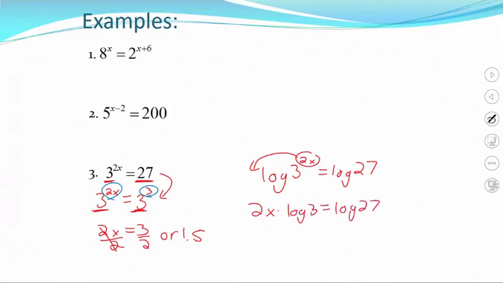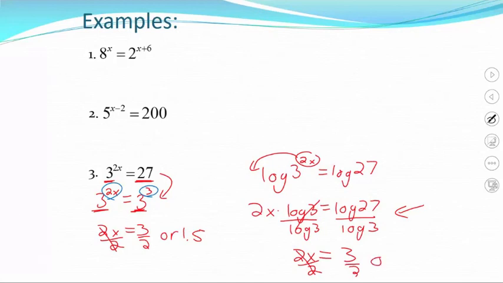And then you want to move the logarithm, so we're going to divide by log 3 on both sides. And this becomes 2x. And if you type this in the calculator, log of 27 divided by log of 3, you get 3. So you still get the same equation, 2x equals 3, and you still get the same answer, 3/2 or 1.5.